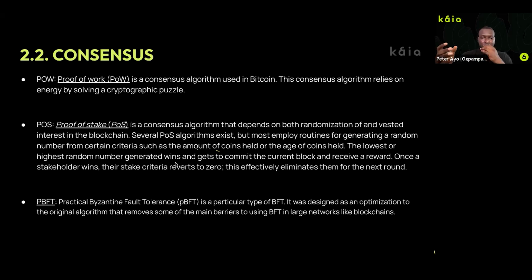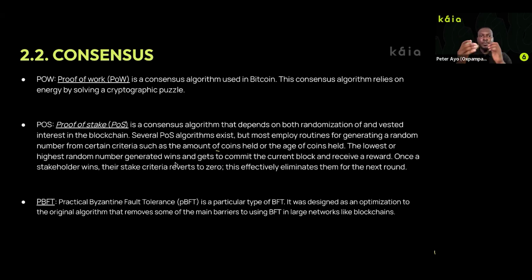This means that for a transaction to be validated, as long as 2/3 of the blockchain nodes propagate the right transaction, or validate that the transaction is true, then they can add such a transaction to the block, which is then added to the blockchain. So that is the concept of PBFT.